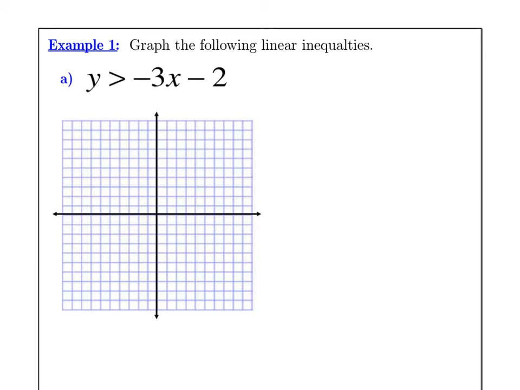I'm going to go to the y-intercept of negative 2, and then I'm going to see that the slope is negative 3 over 1. So from my y-intercept, I'm going to go down 3 and right 1 and put a point there. And then I'm going to go down 3, right 1. And if I want to draw a more accurate line, which I always do because my lines aren't very good, I'm also going to go back to my y-intercept and go up 3, left 1.